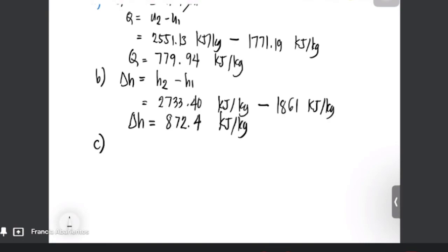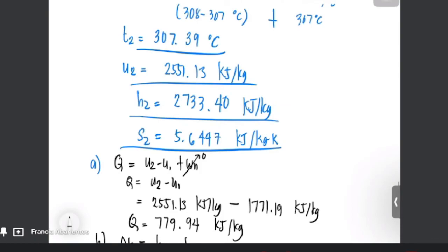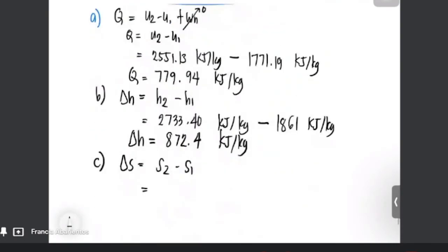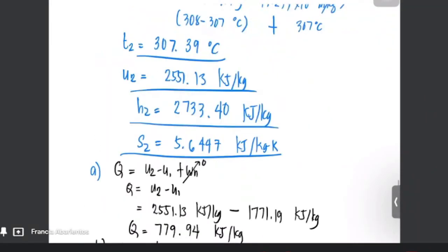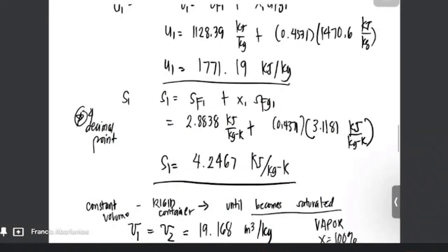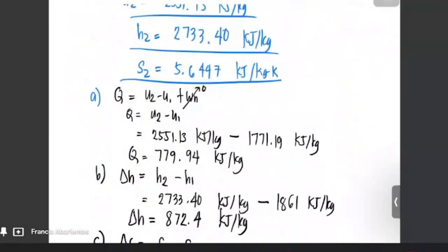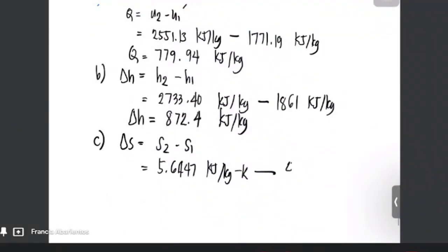Okay. Letter C, we have the change in S. The entropy at point 2 minus the entropy at point 1. Entropy, 5.6447 minus S1. Okay.